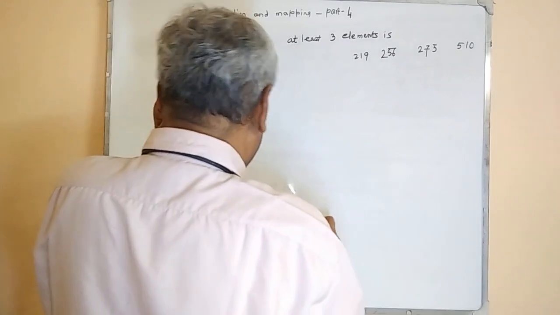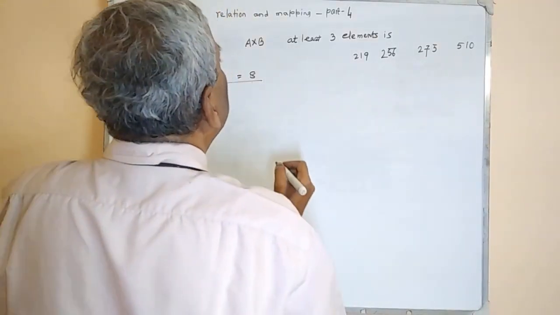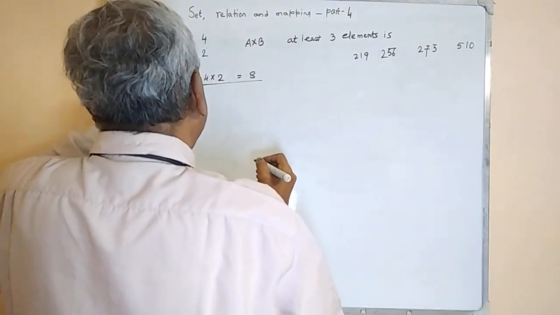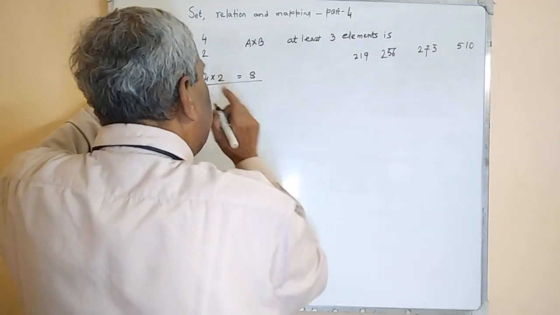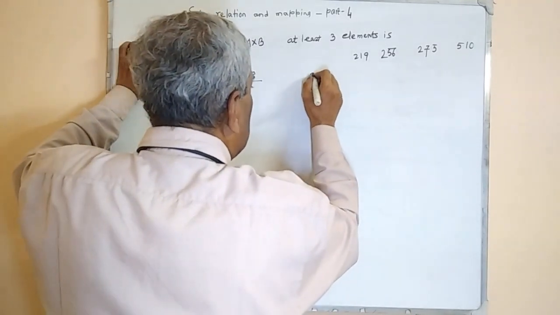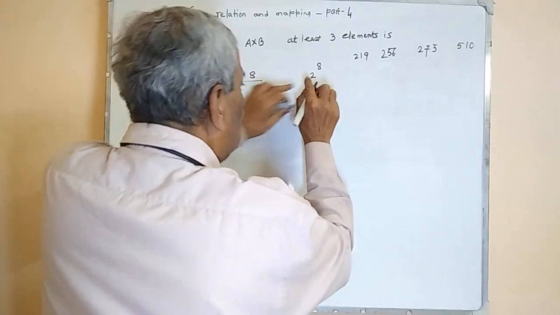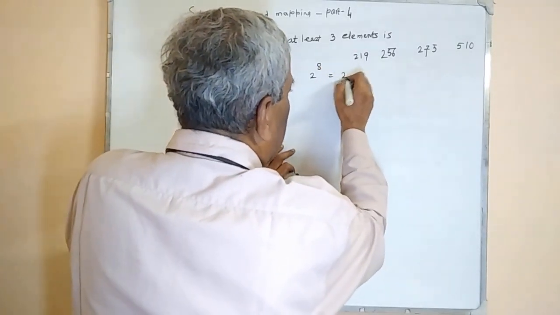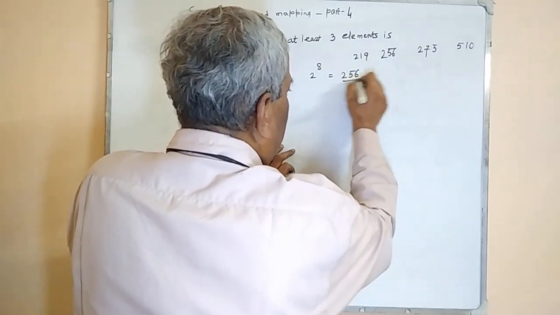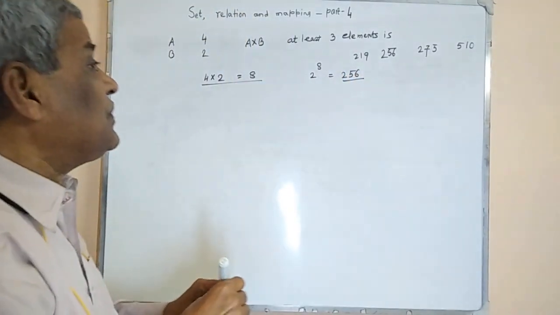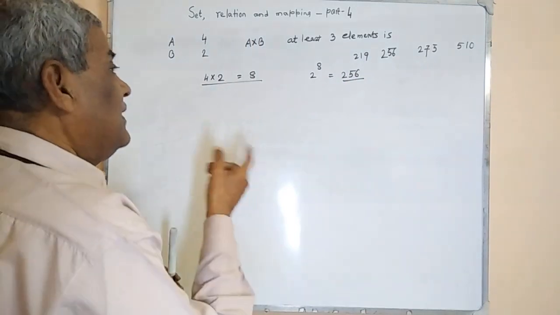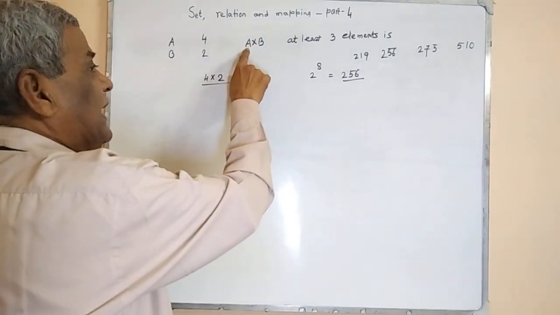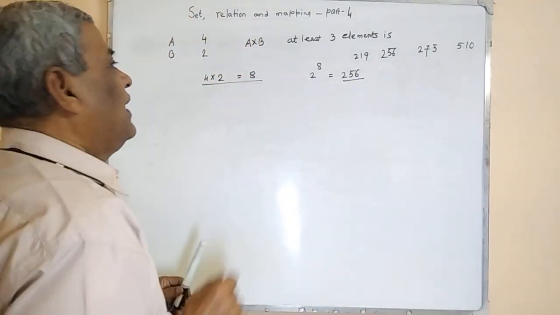So the number of subsets of A cross B is 2 to the power 8. It is simply 256. So 256 subsets are there of the set A cross B.